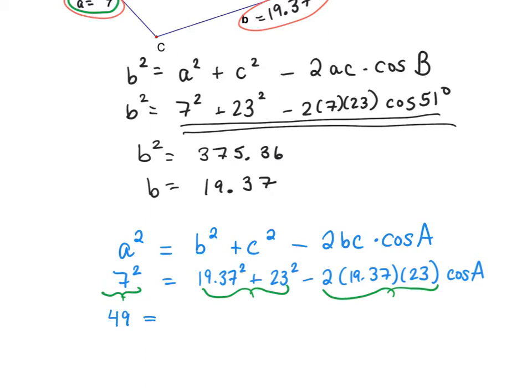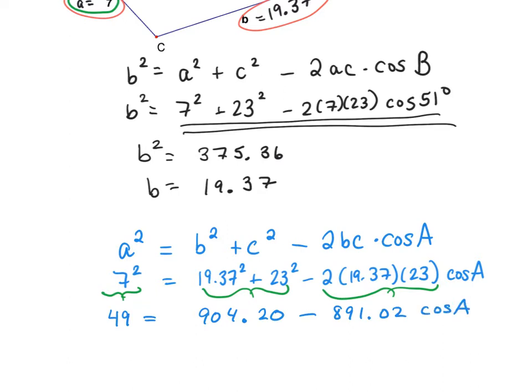I'll then do 19.37 squared plus 23 squared, which is going to give me 904.20 minus 2 times 19.37 times 23, which is negative 891.02 cosine A.